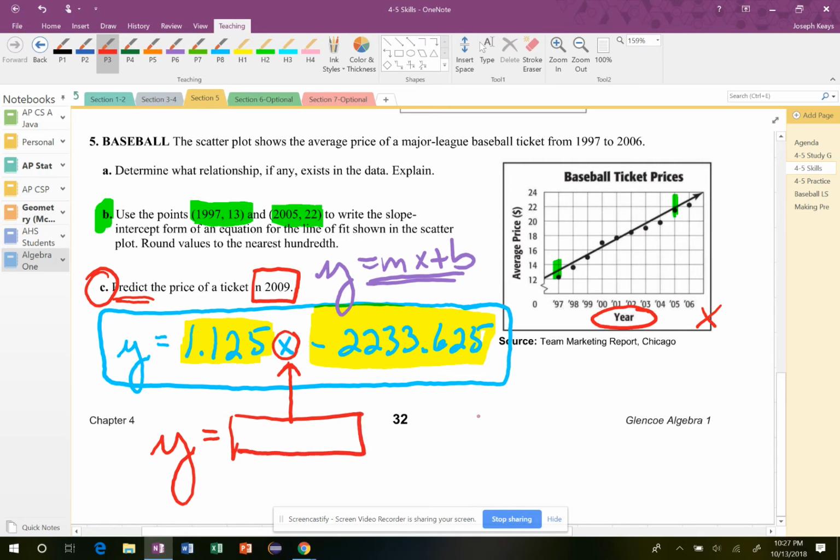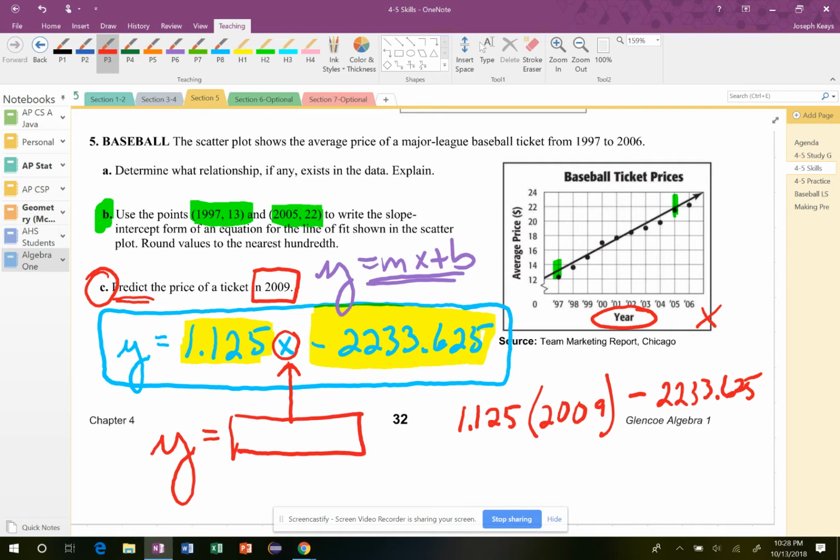So what I'm going to do right now is take 1.125 and times it by 2009, and then subtract 2233.625. So I'm going to get my calculator out and do that exactly. 1.125 times 2009 minus 2233.625.